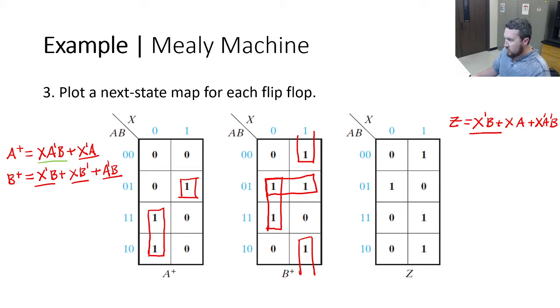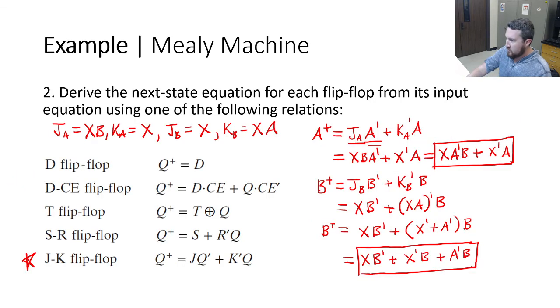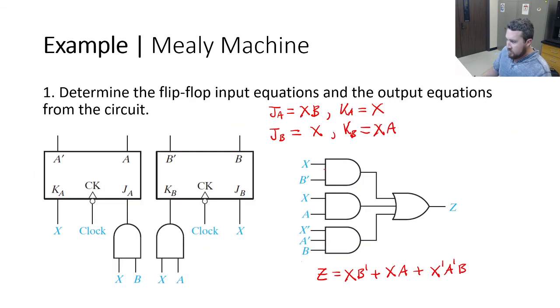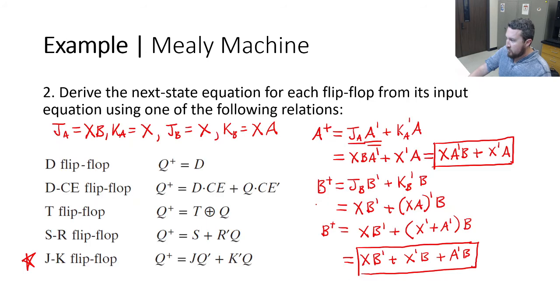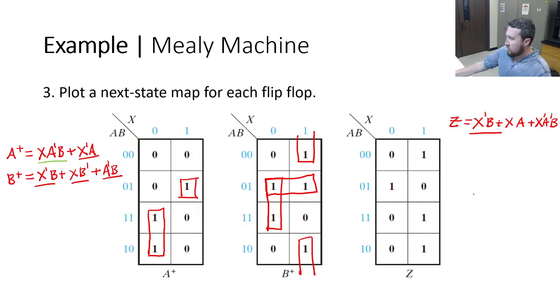Let's see. Did we make a mistake here too? X prime and B would give me a 1 there. So let's go back and take a look at Z. Oh, it's because it's X and B prime, not X prime and B. X and B prime.